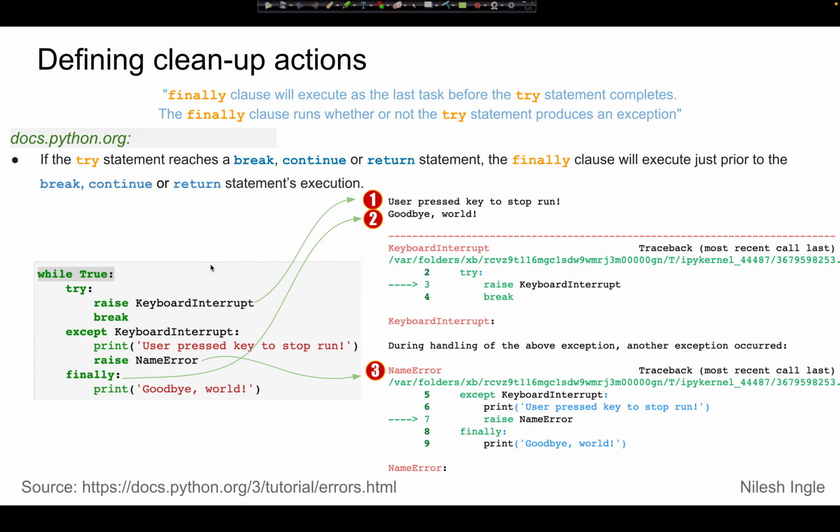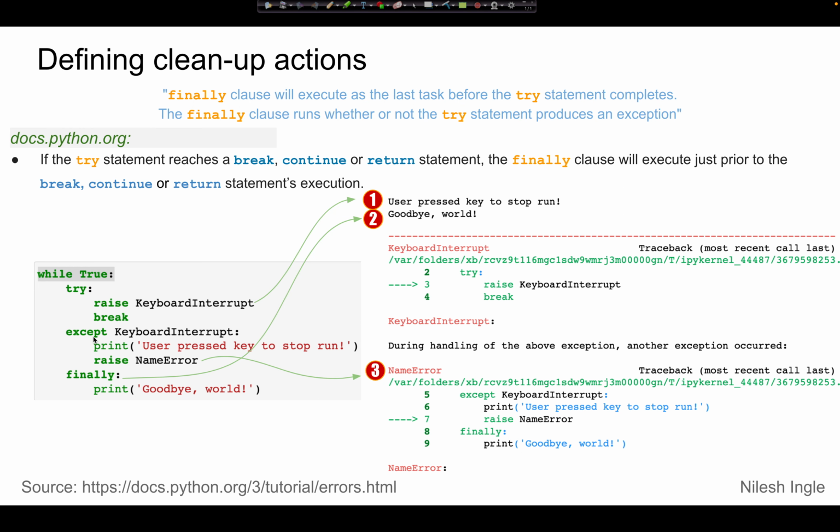And this is another situation where we have the break inside of the try block rather than the finally block. In this case, the keyboard interrupt error is raised, and so the control goes to the except block. We see the print statement getting executed, user pressed key to stop the run, and that's what we see.